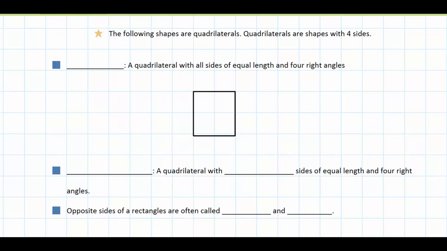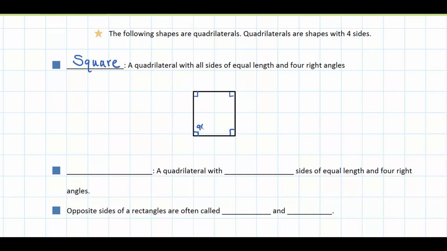The following shapes are quadrilaterals. Quadrilaterals are shapes with 4 sides. This first one is a square. Squares are quadrilaterals with all sides of equal length and 4 right angles. So this is a right angle, this is a right angle, this is a right angle, and this is a right angle.